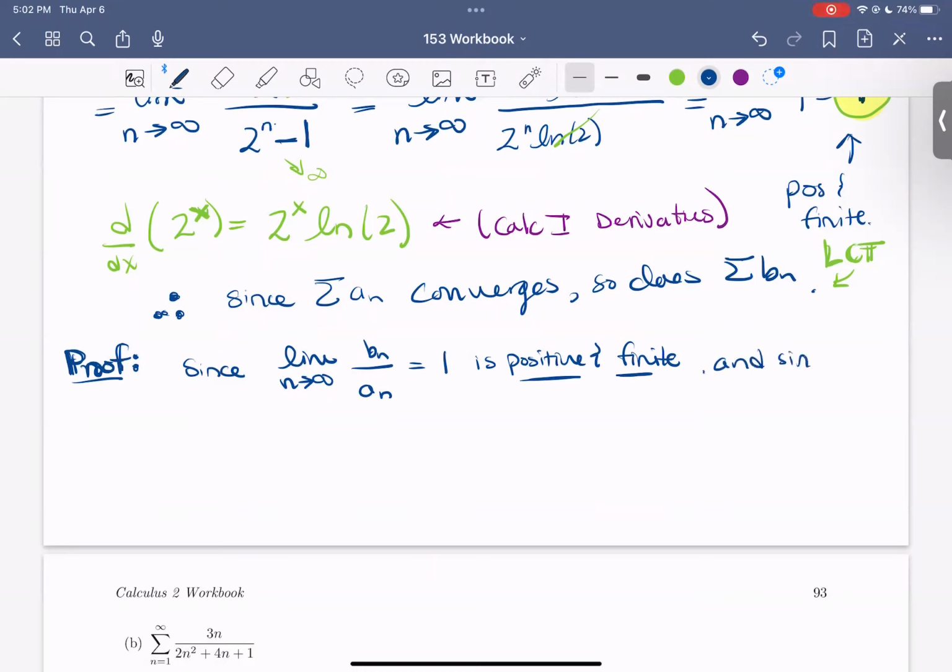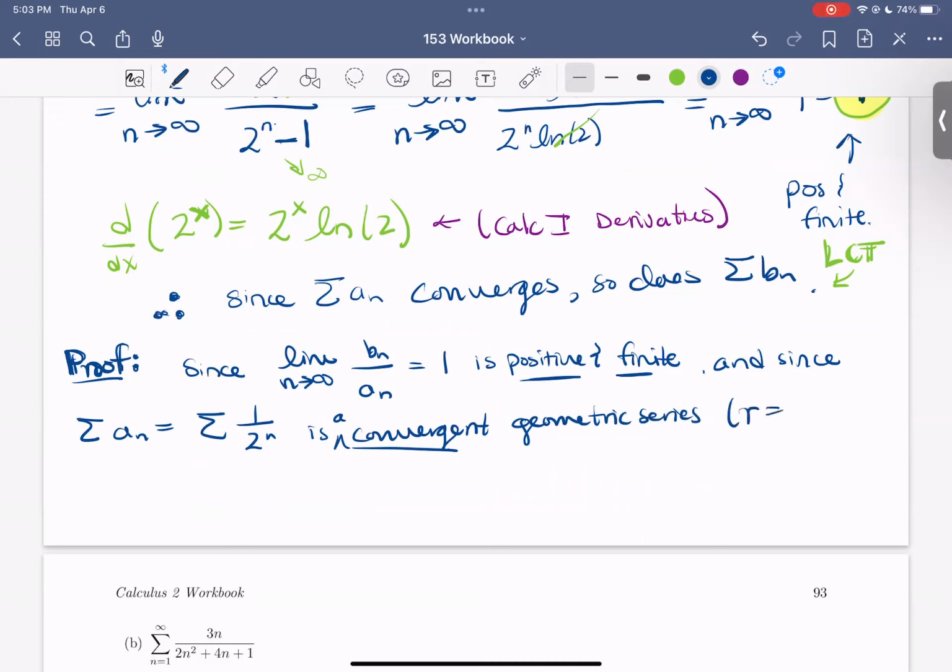And since the series of the a to the n's, which we used as the series of the sum of 1 over 2 to the n, is convergent, and we could even say specifically is a convergent geometric series, that gives justification for why it's convergent with r equals 1/2.